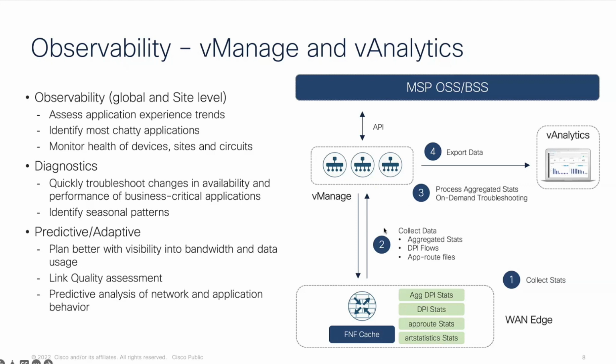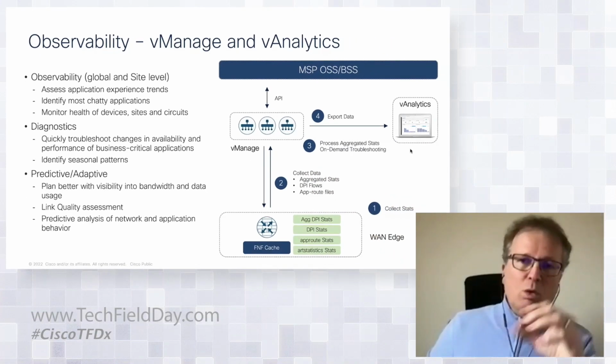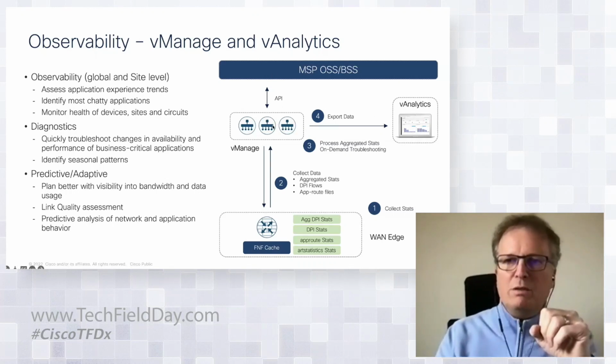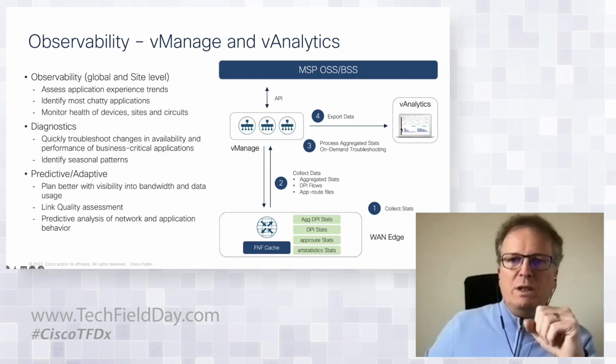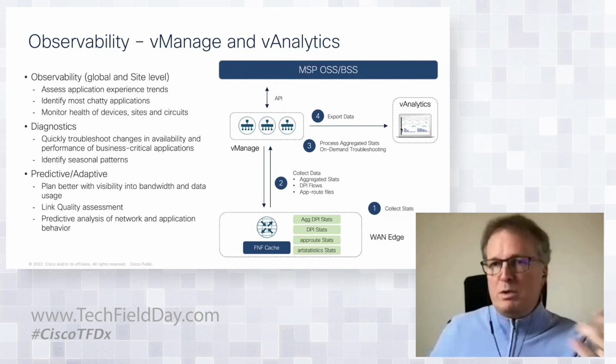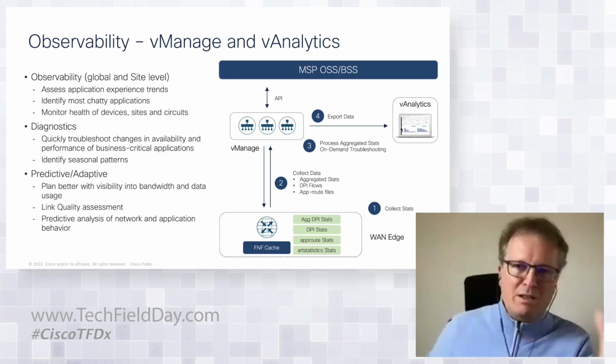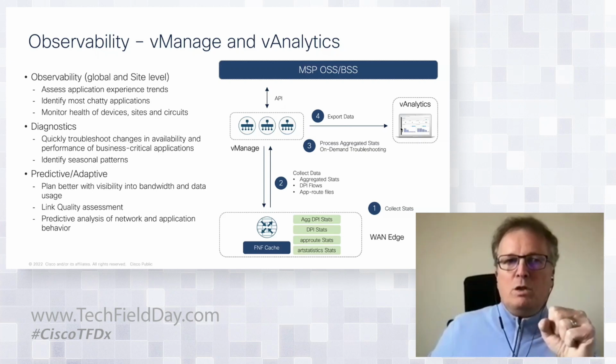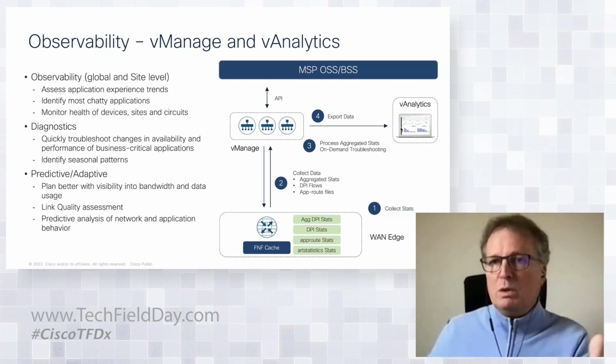So we push all the data into a platform called vAnalytics, which is a cloud-native platform. You can cross-launch vAnalytics directly from vManage, and in vAnalytics you have the long-term analysis. You can look at the network performance. You can compare the MPLS tunnels to the internet tunnels in a specific region. You can look at the application performance overall.